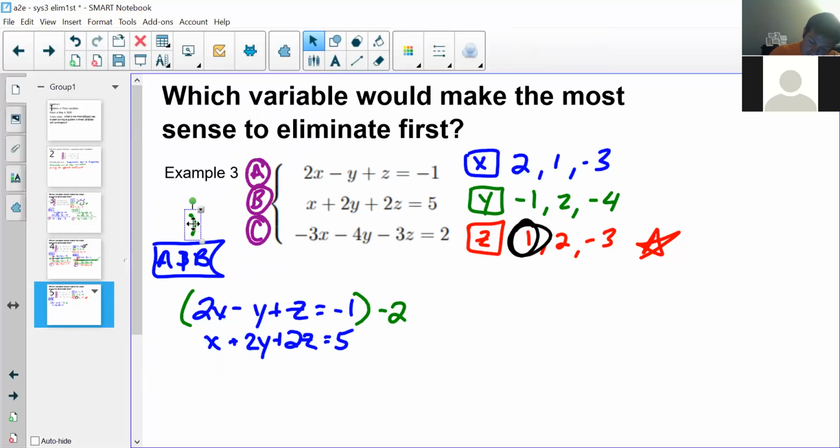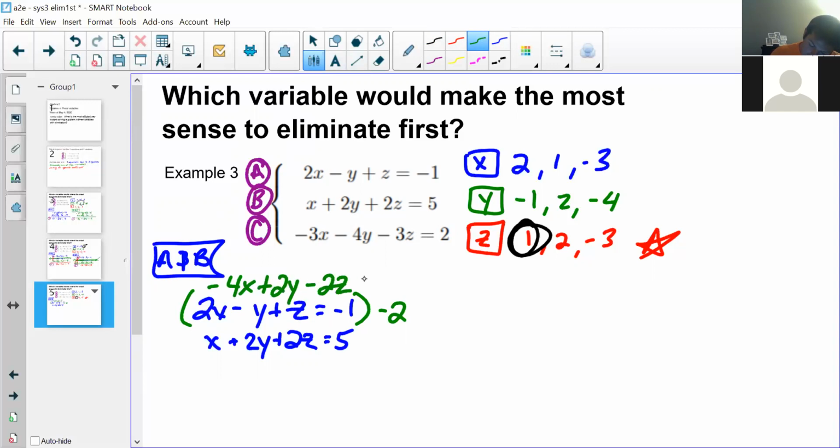Some technical difficulties there. All right, let's try it again. So I'm going to multiply. I got -4x, a +2y, a -2z, and I have a +2.